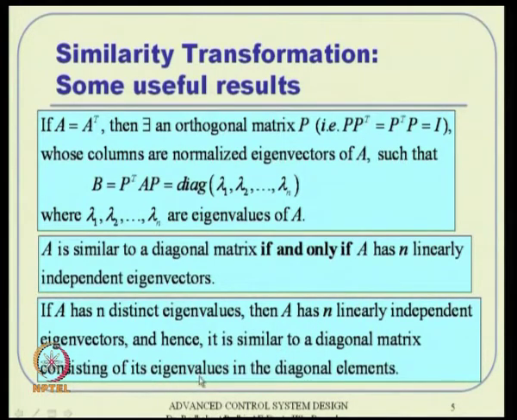The B matrix is guaranteed to be diagonal, and the diagonal elements are nothing but the eigenvalues. Okay. So, even without carrying out this algebra, you can simply tag what B is. If you simply find the eigenvalues and the similarity transformation, you do not have to do all this algebra, you simply tell, okay, that is my B matrix.